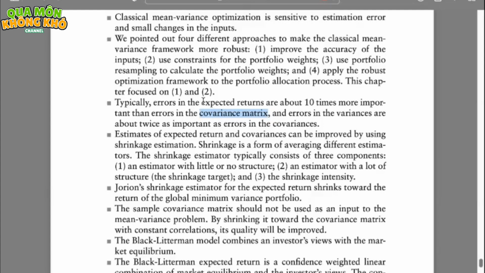And how to improve the expected return? That's all about the Black-Litterman approach. So we don't use the historical return of our assets. We use new opinions about the return of those assets.